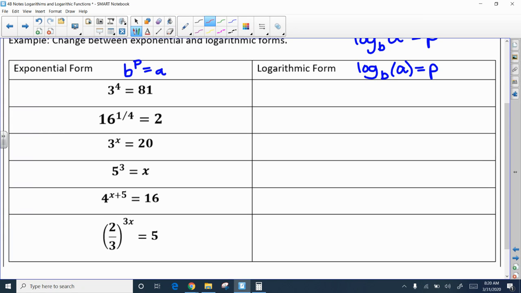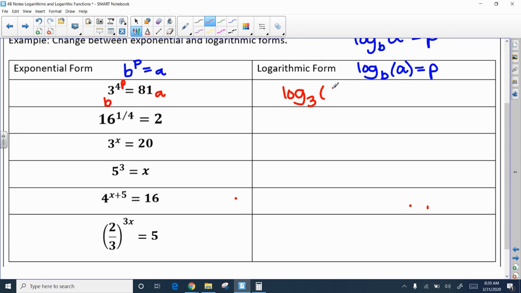The first couple examples here don't have any variables. They're just numbers, and this is a true statement. 3 to the 4th power equals 81. So identify the base. Our base here is 3. The power is 4, so that's the p, and then it's equal to a. So when I rewrite it in logarithmic form, obviously it has to have a logarithm. So logarithm base b, so the base is still 3, of a.